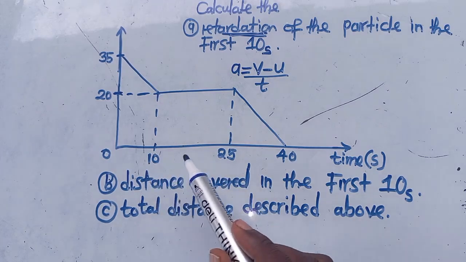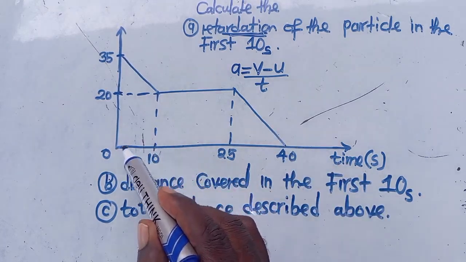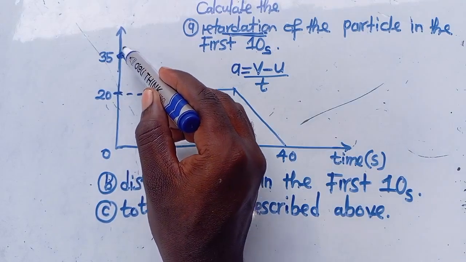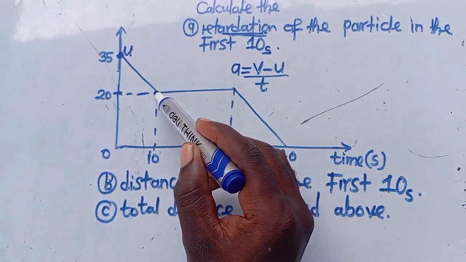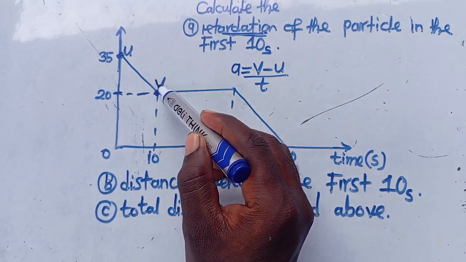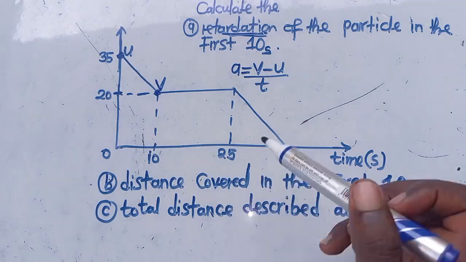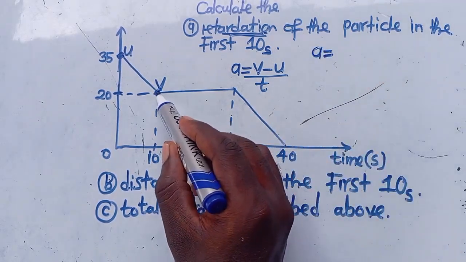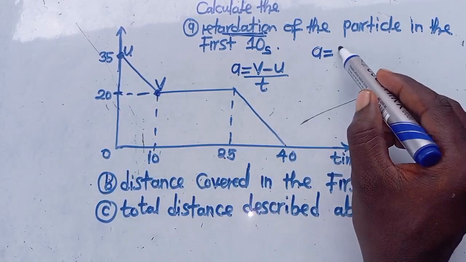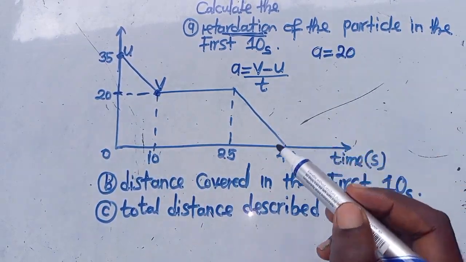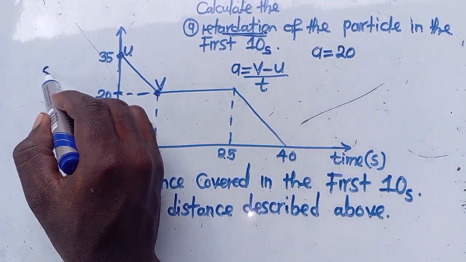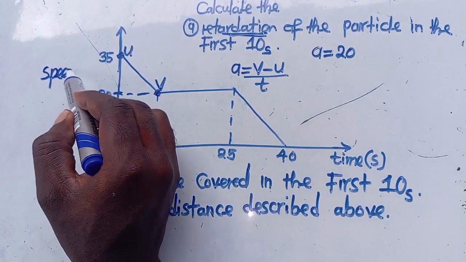So, in the first 10 seconds, it was starting from there, that is the initial velocity, going up to that point, that is our final velocity. So we say acceleration is equal to, what is our final velocity? That is a 20 there. I put 20 there. I understand that on this side I have speed, which is just the same as velocity.